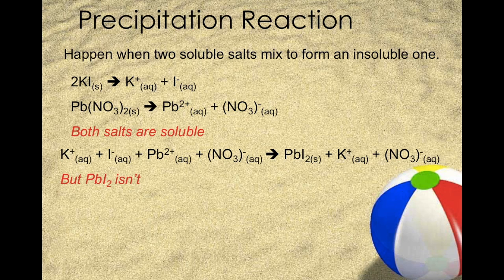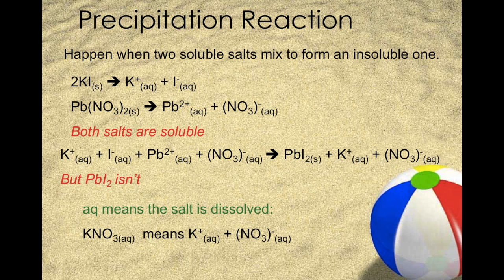So when the lead ions happen to meet the iodide ions, they're going to react and form a solid that will precipitate out of solution. So we indicate this with an S, and when you have all aqueous on the reactant side, and you have a solid on the product side, this is a precipitation reaction.